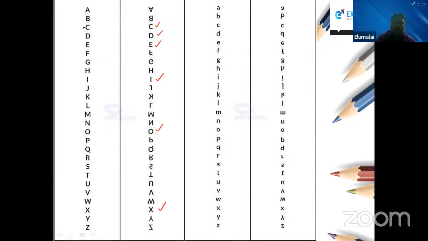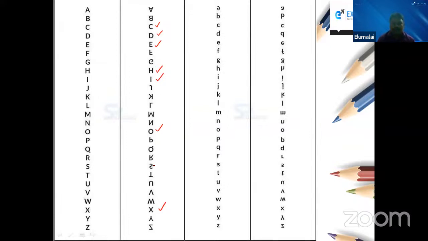Yes. Small h, okay, good. Right. So here, H is also, yes. Good. See, these are the letters in which the water image and the original image are identical.